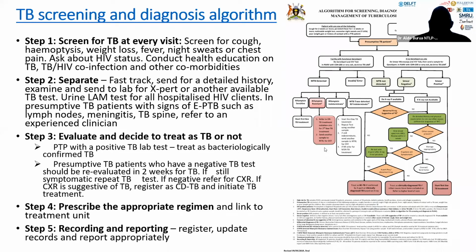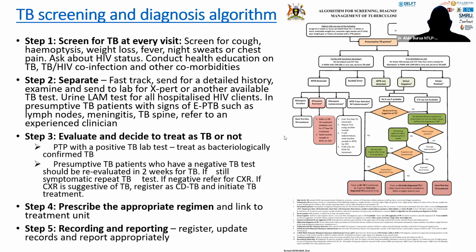But if you look at the image, there's a box on the right hand side of this image that shows that in addition you can have people screened using X-ray. So those who have abnormal X-ray, even if they do not have symptoms, qualify to be presumptive TB patients.